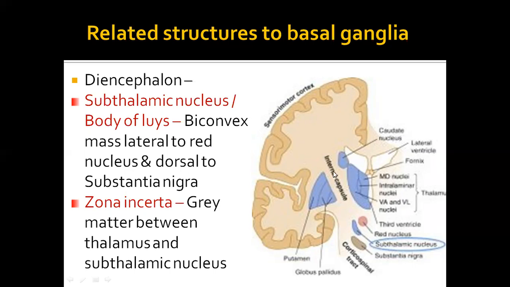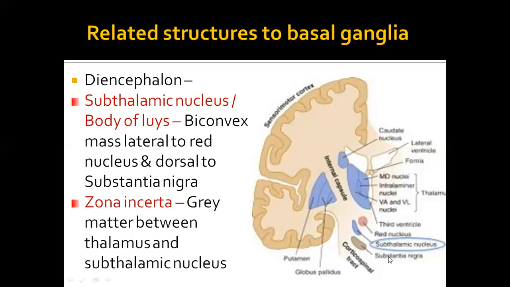Which is the deeper part of the cerebrum, that is the diencephalon. Below the thalamus, we also have the subthalamic nucleus, or the body of Luys. This one is the subthalamic nucleus, which is a biconvex mass lateral to the red nucleus and dorsolateral to the substantia nigra.